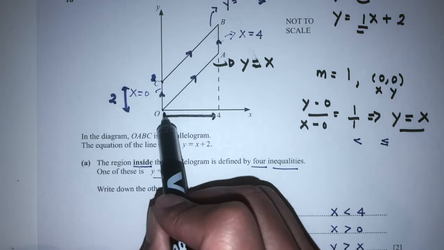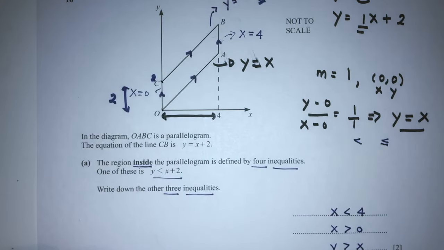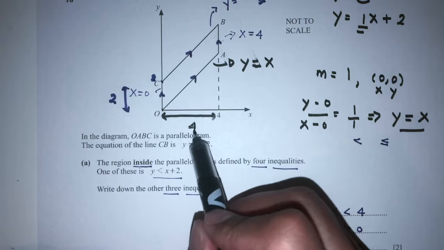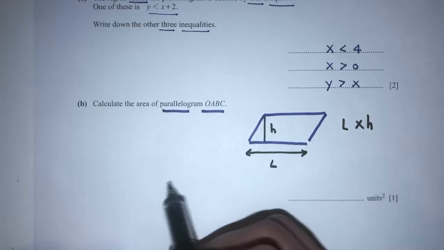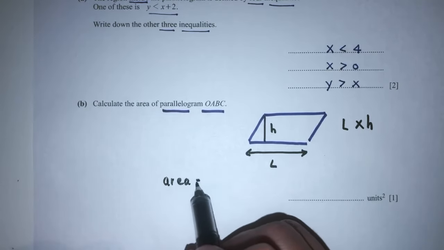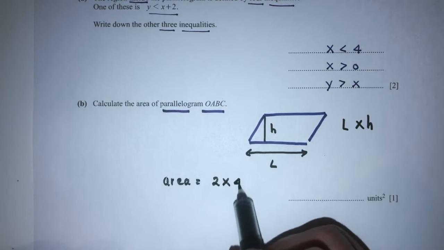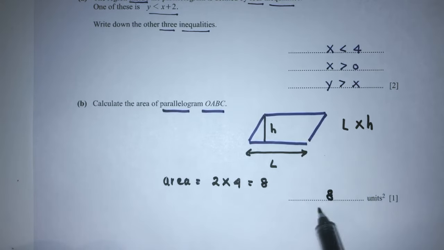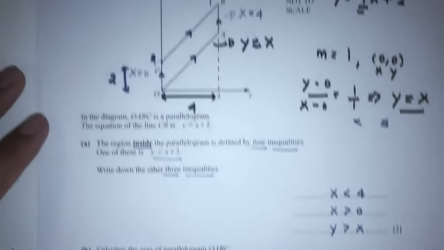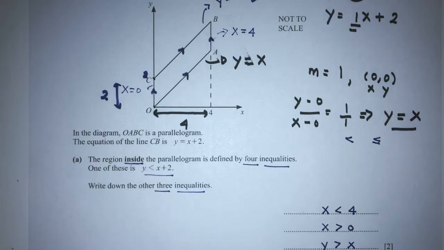This is the height. So height is 4. As you can see, area will be 2 times 4, that will be 8. 8 units square will be your answer for the area of the parallelogram. That is question 16.